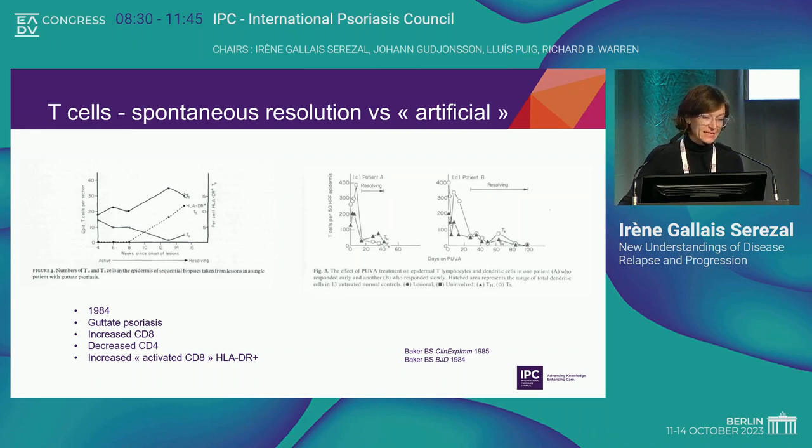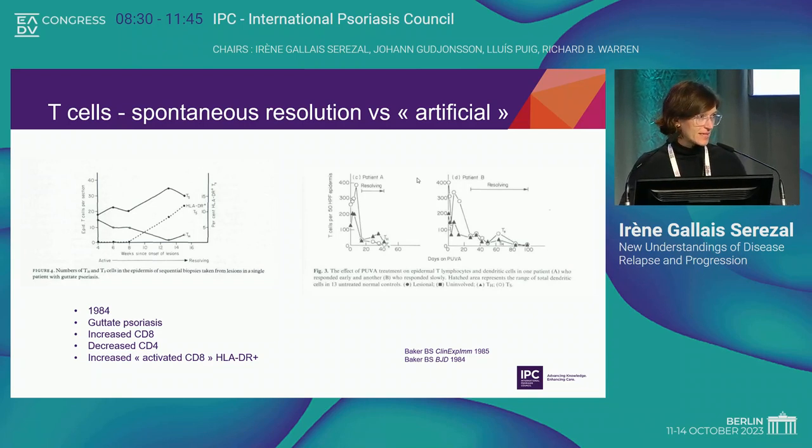What you can see here is an increase of CD8 cells and a decrease of CD4 cells. While if you look at treated psoriasis, that example is PUVA, PUVA decreases every immune cell type, so you see both a decrease of CD4 and CD8. So resolved skin depends on the treatment and how it's been resolved.